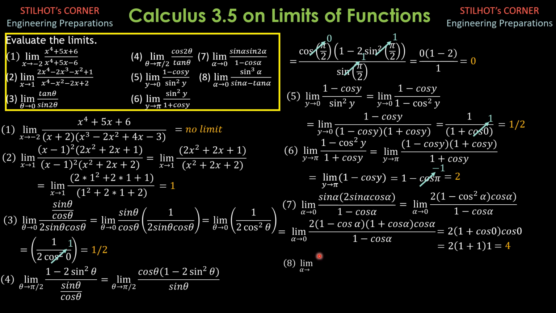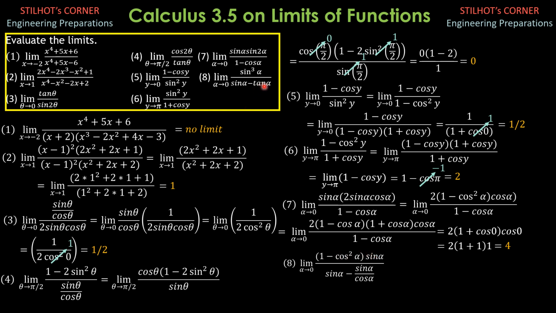Number 8, limit as alpha approaches 0 of sine cube alpha over sine alpha minus tangent of alpha. So we break sine cube of alpha into sine square alpha times sine alpha. For sine square alpha, we replace it with 1 minus cosine square of alpha. This is now 1 minus cosine square alpha, originally sine square of alpha, so that's still sine cube of alpha.